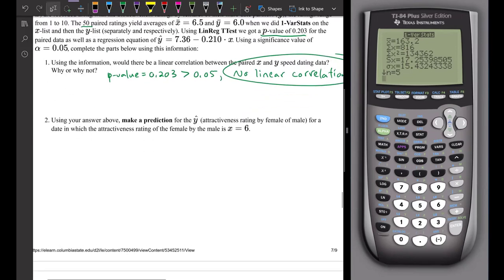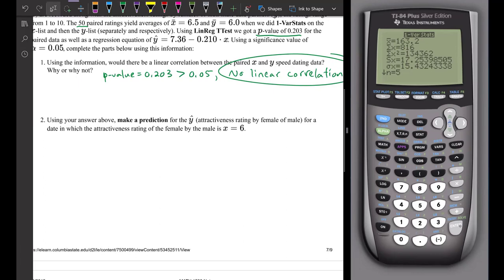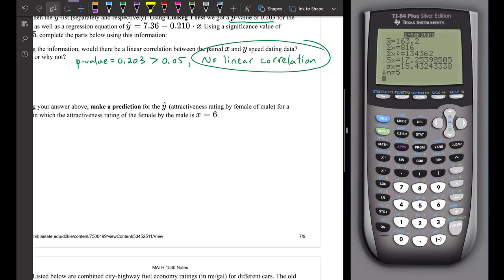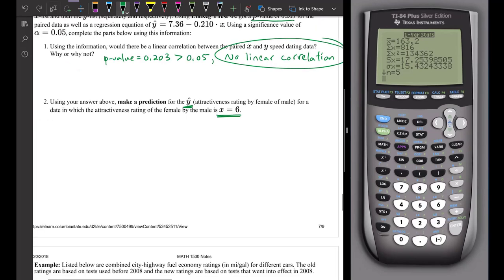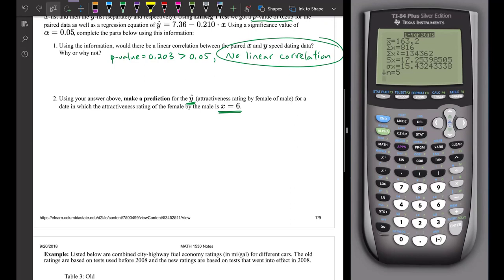It says, using your answer above, make a prediction for the attractiveness the female would give the male if the man gave her a 6. Okay, so he said she was a 6. What is she going to return saying he is? So we've got to figure out which option we're going to use to make this prediction.